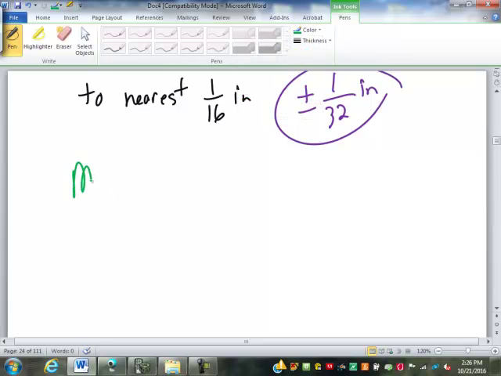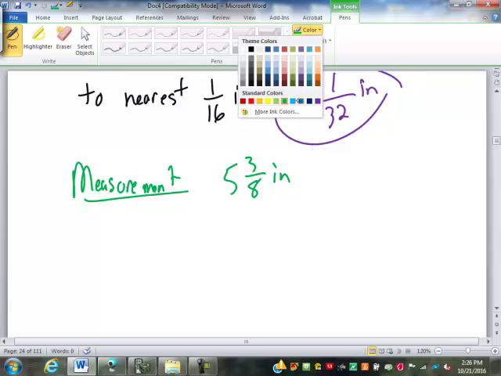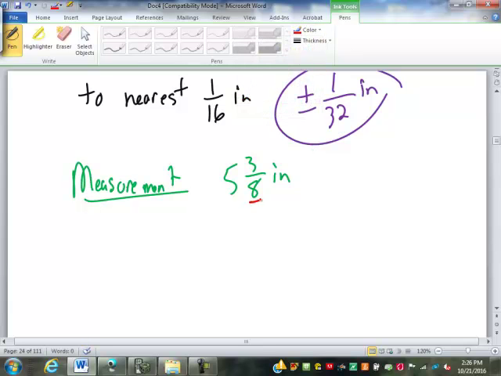If we have a measurement that's reported as 5 3/8 inches, what denominator do we need to make this into? What our plus or minus is, what our error is.